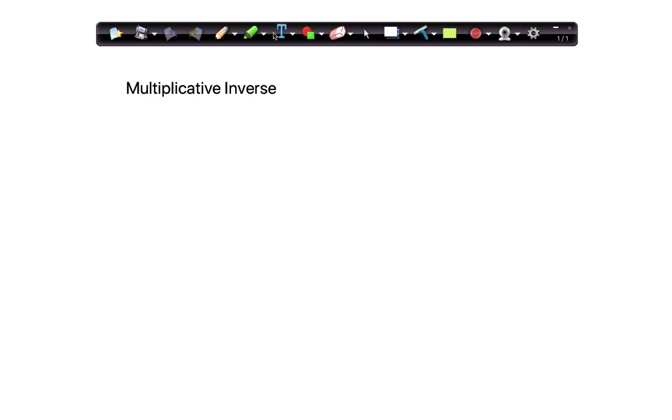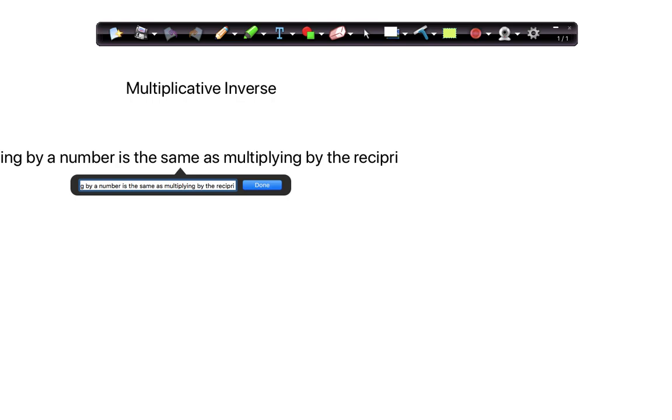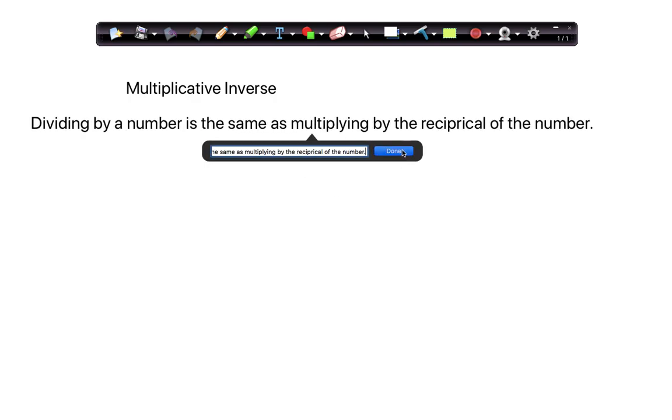Multiplicative inverse is this: dividing by a number is the same as multiplying by the reciprocal of the number. So dividing by a number is the same as multiplying by the reciprocal of a number.